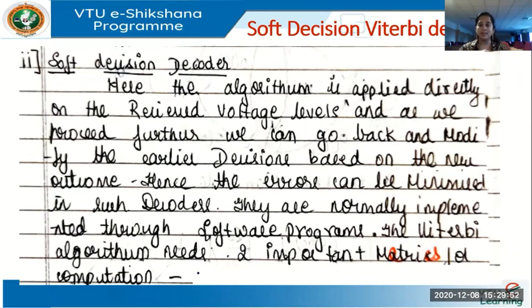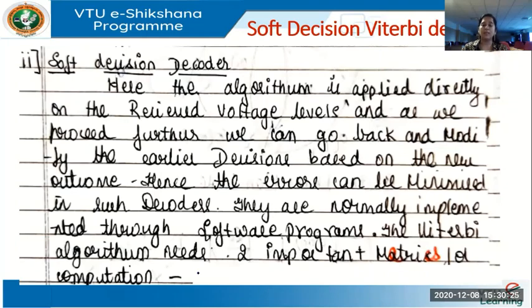Earlier decisions are not hard and fast or fixed rules. But in hard decision, once you make a decision, you have to move forward. You can't go backward. So here you go back and change the decision which you made earlier, based on the new outcome. The new shortest path which you get, based on that you change the decisions. So here errors can be minimized and they are normally implemented through software programs.